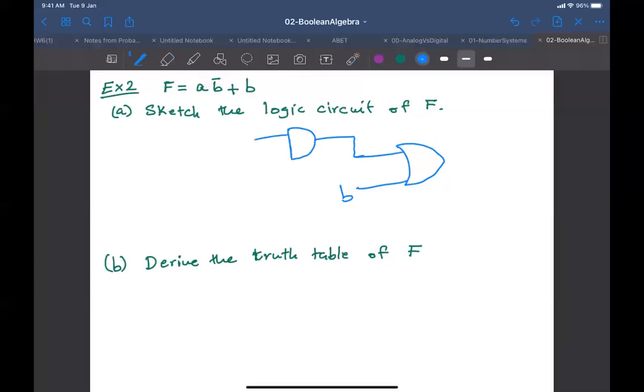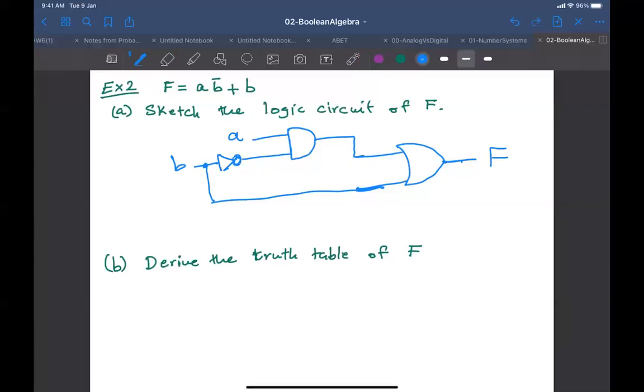It takes A, and then B with a bubble, so it's B complement. B complement is coming from a B that is complemented here. And also we take a branch of the B and take it to the OR gate. The output of this OR gate is F.